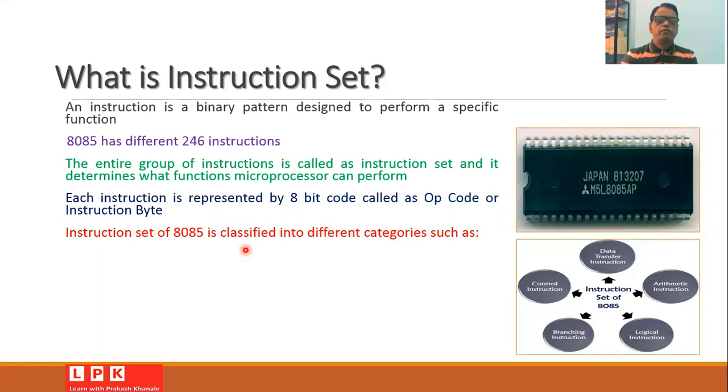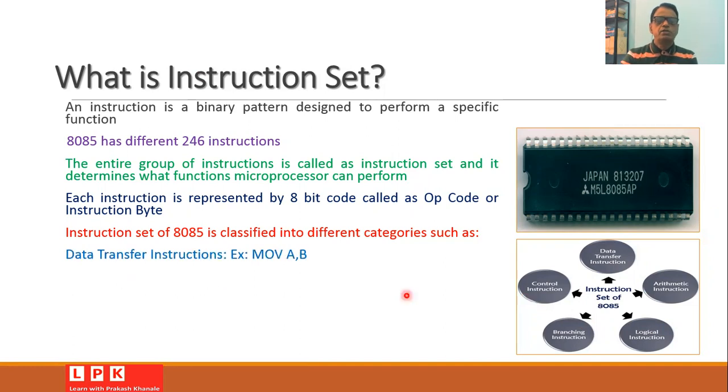The instruction set of 8085 can be classified into different categories. As shown in this diagram, we can classify the instruction set into data transfer instruction, arithmetic instruction, logical instruction, branching instruction, and control instruction.